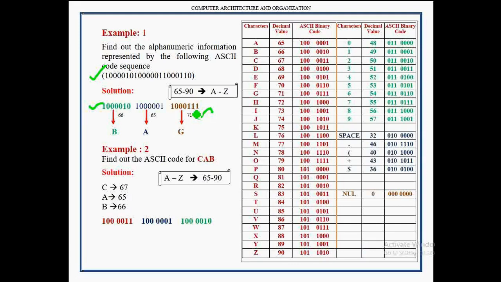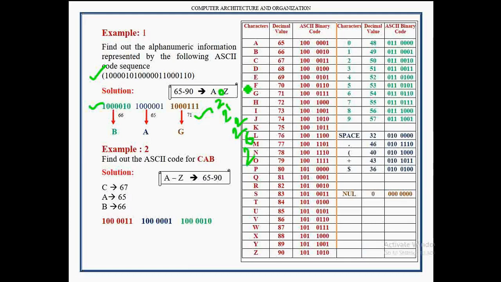We know this process: the weights of the bits present in this binary code have to be added. Here bits in the 0th position, 1st position, 2nd position and 6th position are present. So its weights are 2 power 0, 2 power 1, 2 power 2 and 2 power 6.